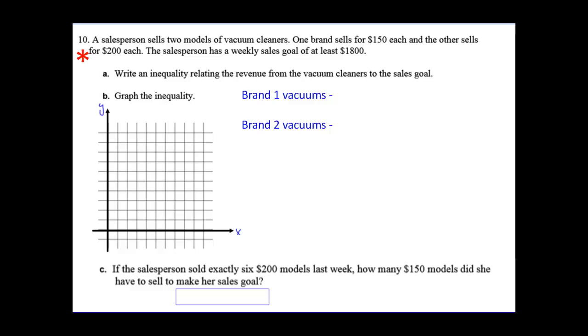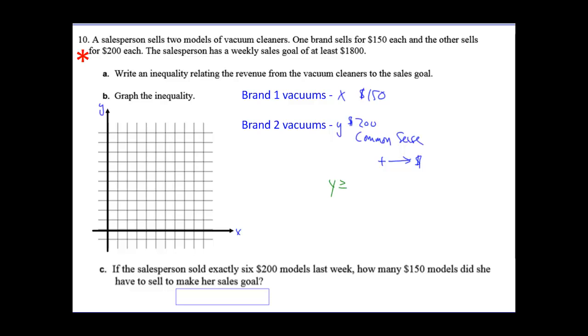So we have a couple formulas that we're going to call common sense. We could call brand 1 vacuums our x, and brand 2 is our y. We know that these sell for $150 and these sell for $200.